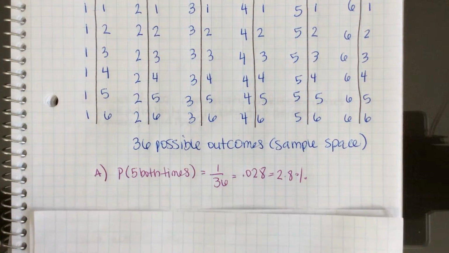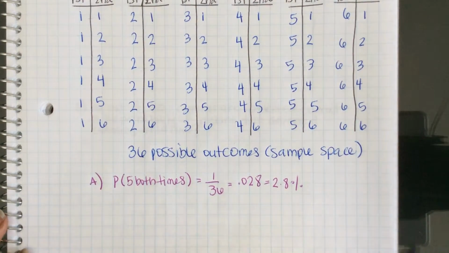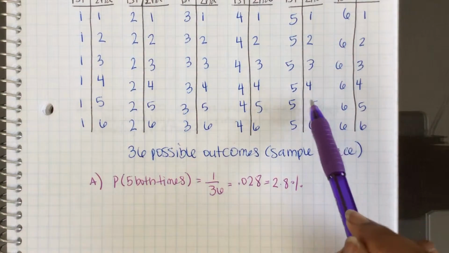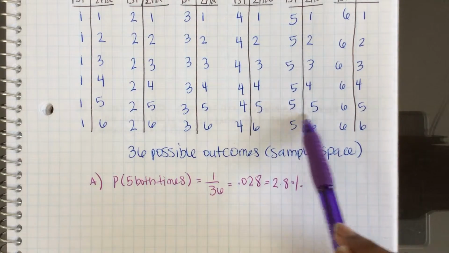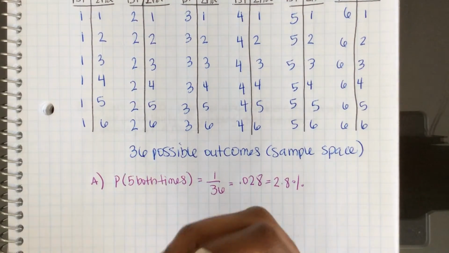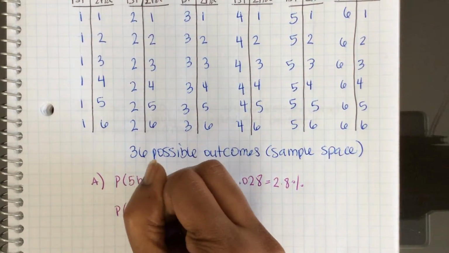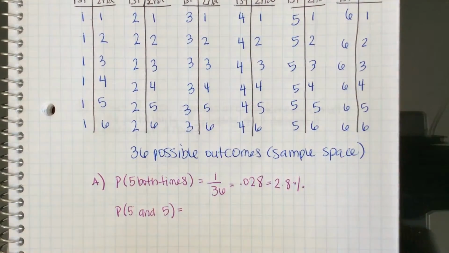So part A, the probability of rolling 5 both times, I can see from my sample space only happens once out of my total 36 times. But another way you can do it is multiplication rule. You want probability of a 5 and then another 5.